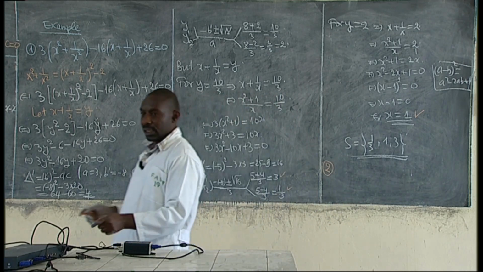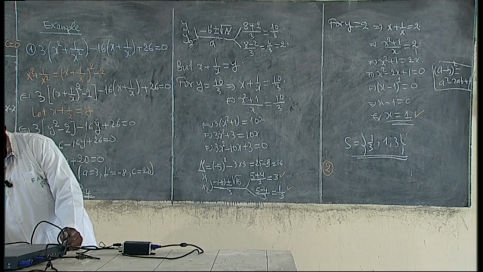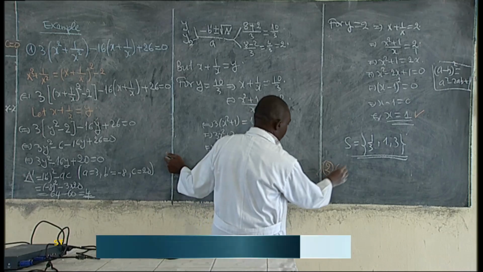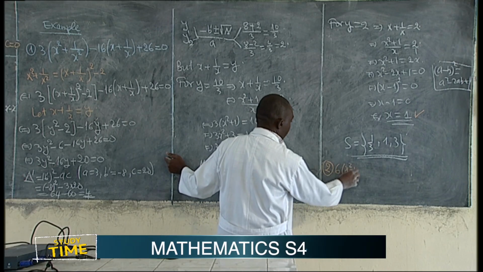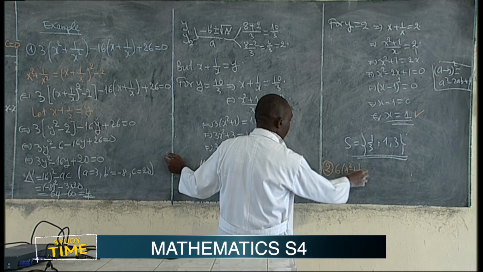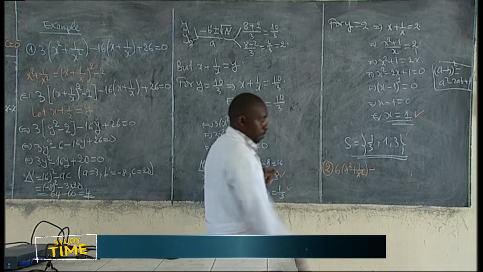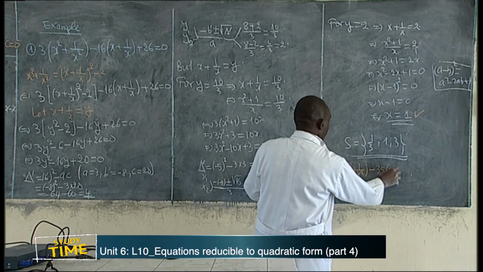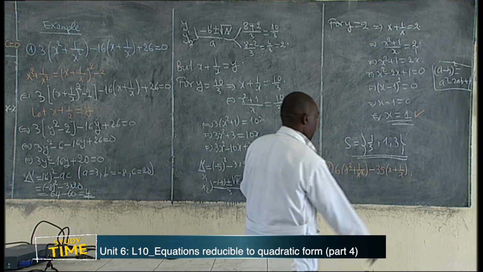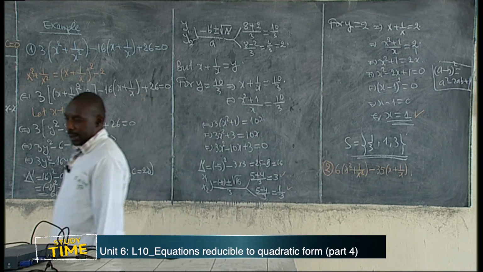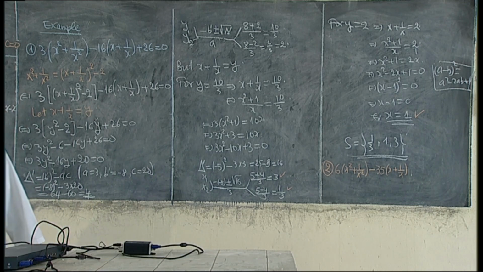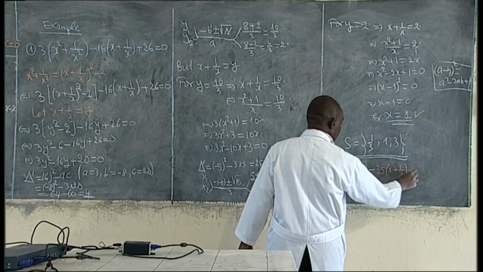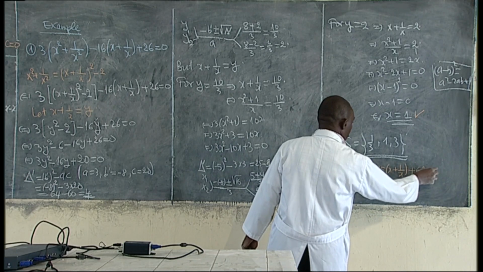The exercise is 6 times (x squared plus 1 divided by x squared) minus 35 times (x plus 1 divided by x), plus 62 equals 0.